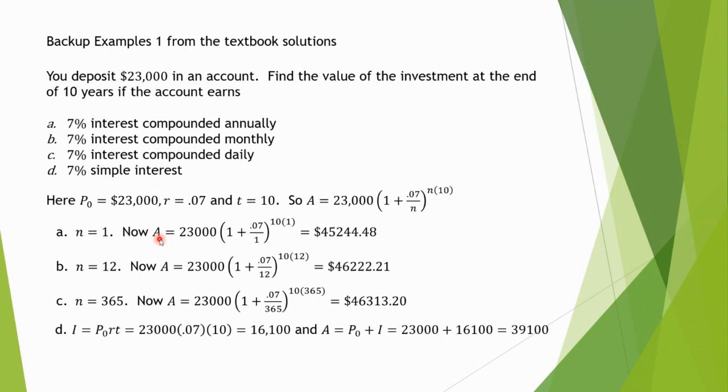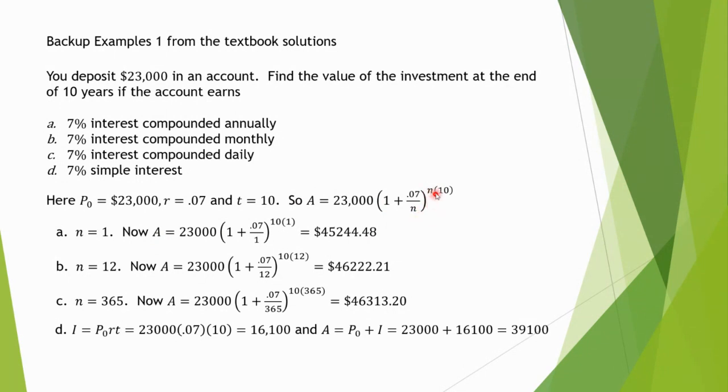R, the APR, is 0.07. It's 7%, but we write it as a decimal. T is 10 years. So this is how much will be in the account 10 years later, in terms of n.